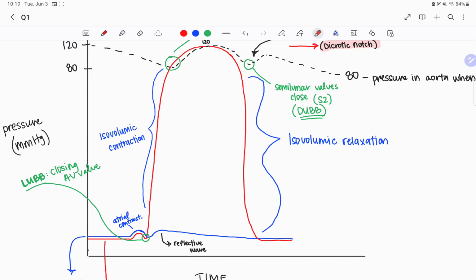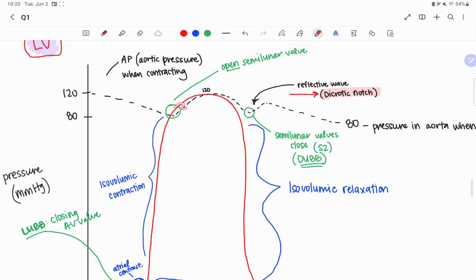Okay? So then, this is closed. But it's clear down here. If this is pressure, then we're at like 10 millimeters of mercury. Okay? And up here is where the aorta, our semilunar valve, is. And it is high. It's clear up at 80.